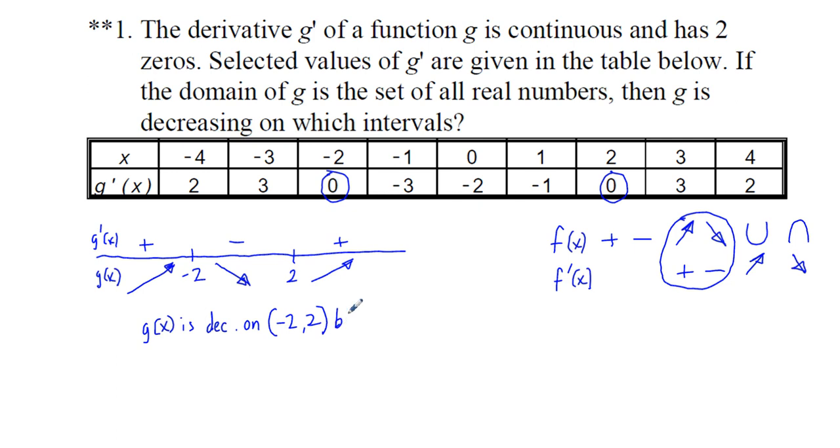And why is that? Because g prime of x is less than 0. So that's the justification. In fact, when we say on which intervals, we could pre-write the justification here because g prime of x is less than 0, and then write in the answer afterwards.